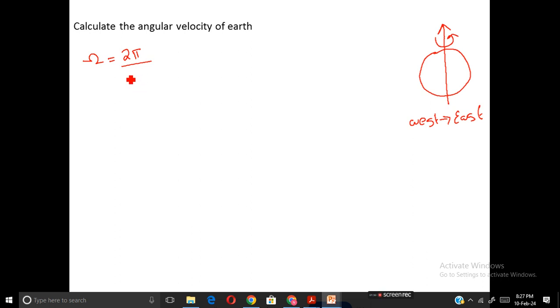If we are talking in SI units, it will be in seconds, so basically 24 into 60 minutes into 60 seconds. Can you calculate and tell me the angular velocity of the Earth? Total, that is the time in seconds, right? 24 hours equal to 84,600 seconds. What will be the angular velocity?